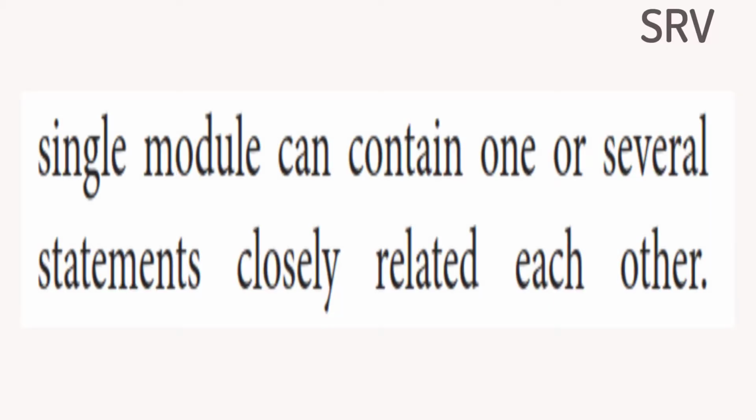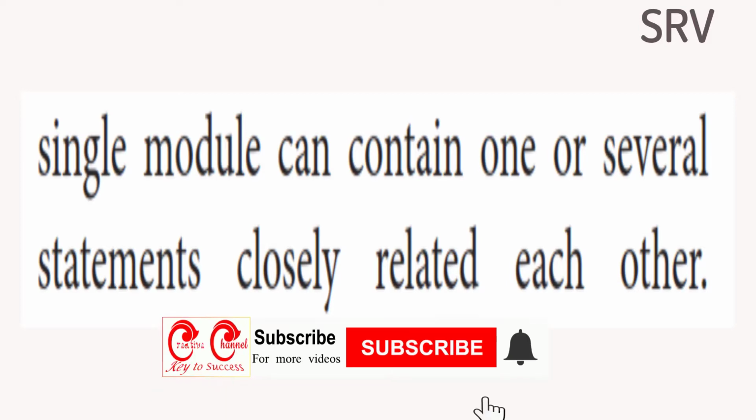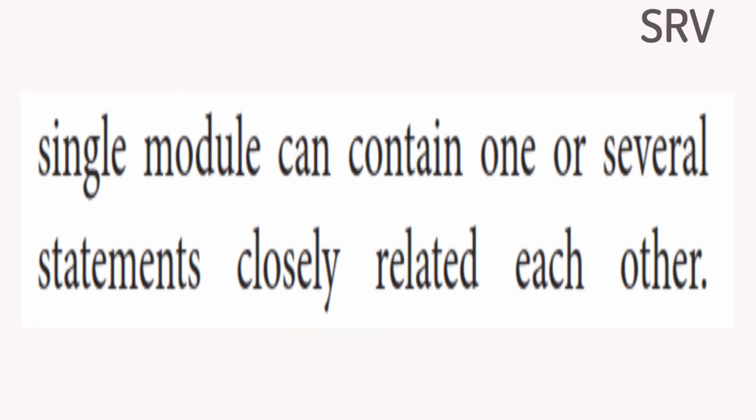Inside a module, that is, a single module can contain one or several statements closely related to each other. This statement means that the statements inside the module are closely related to each other. Similar types of logical statements are written inside a module.